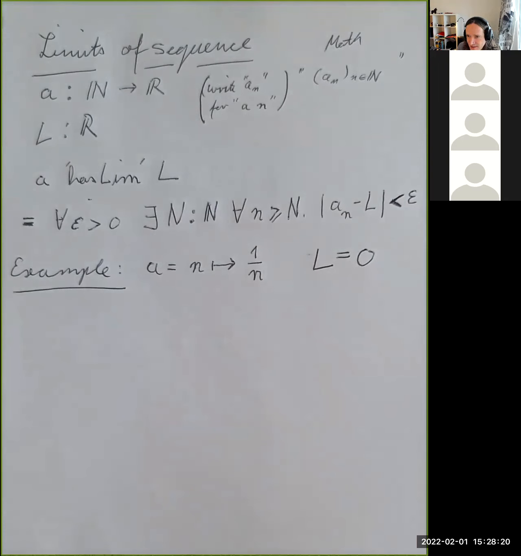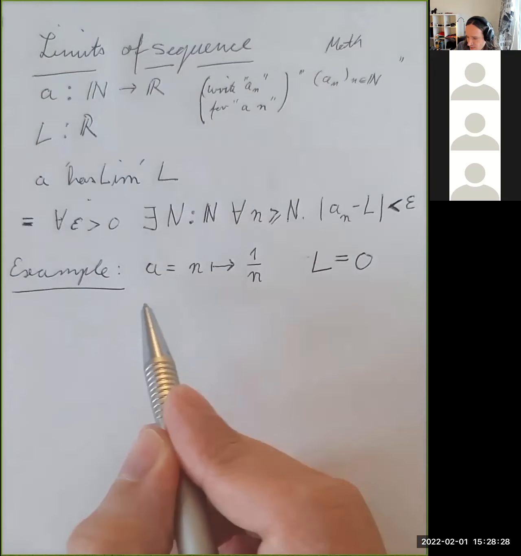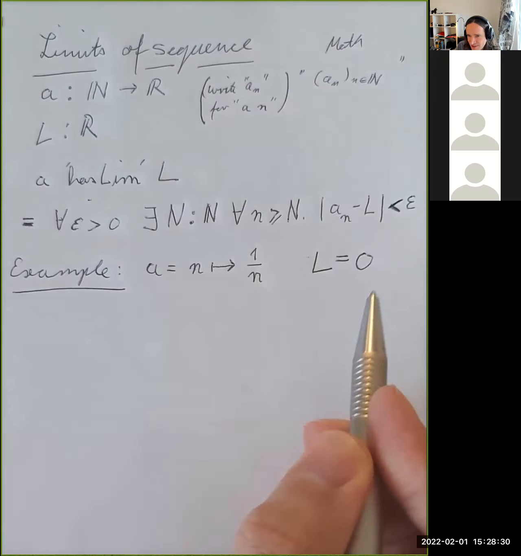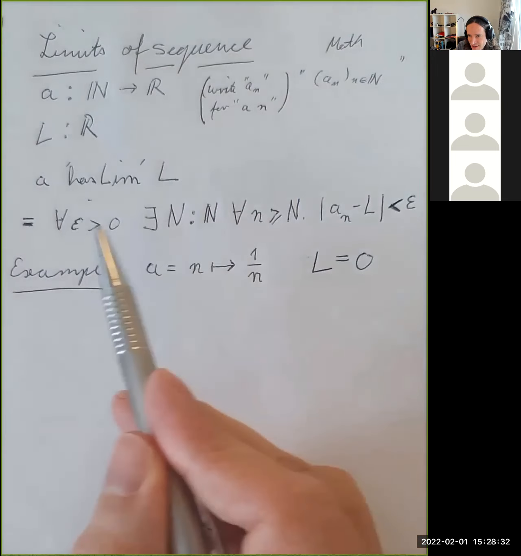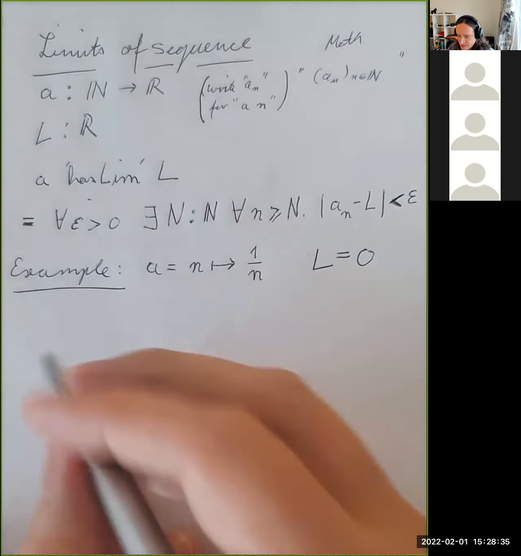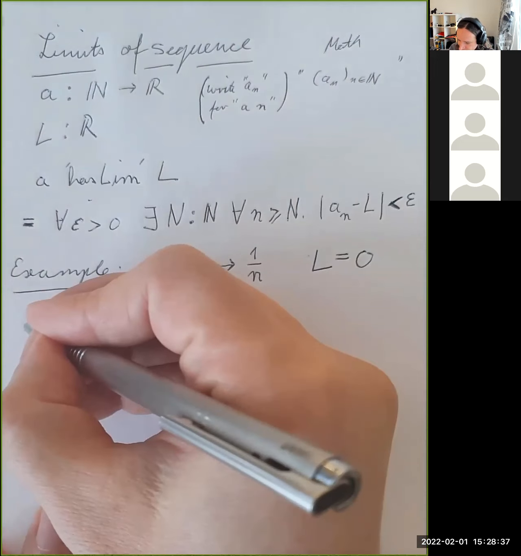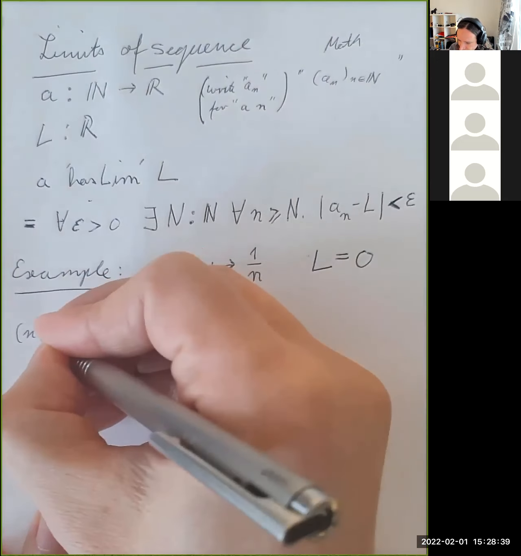And I guess a good first step, even if it doesn't do much here, is to just plug our example into the abstract definition here. So let's do that first. So I'll write it out.